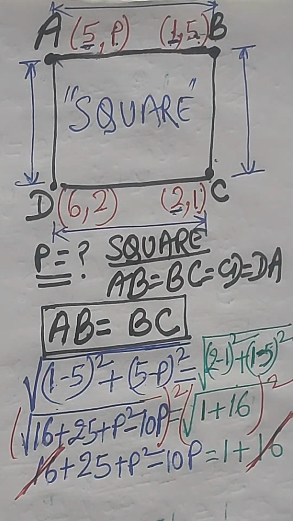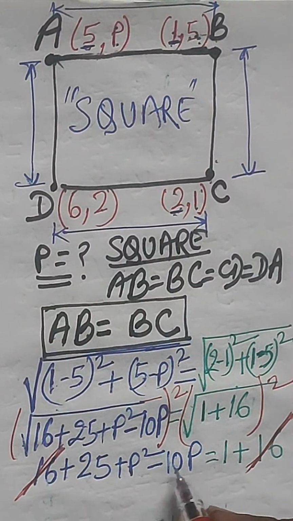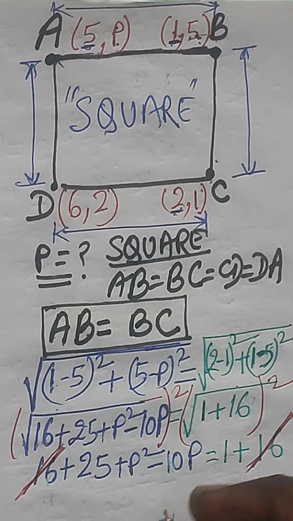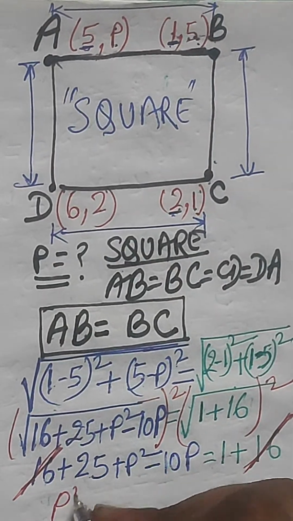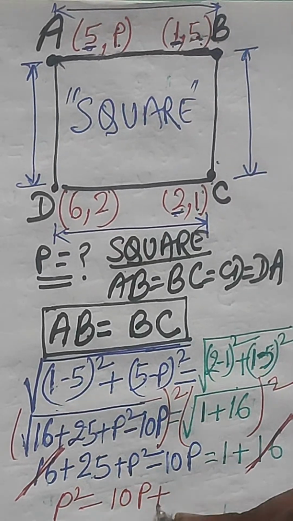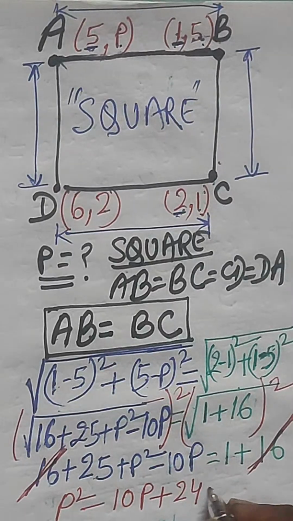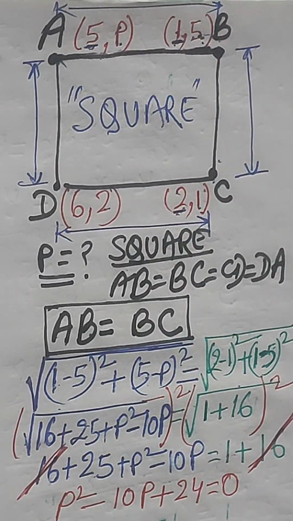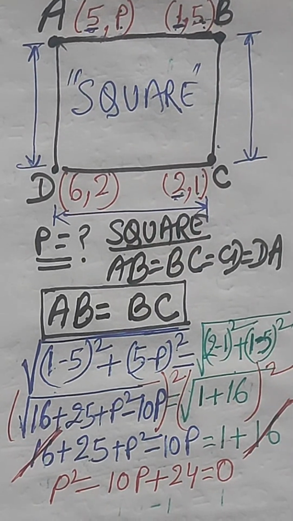And here we will have a quadratic equation, that is p square minus 10p plus 25 minus 1, that is 24. So that will be p square minus 10p plus 24 is equal to 0. So just solve this quadratic equation to get the value of p, right.